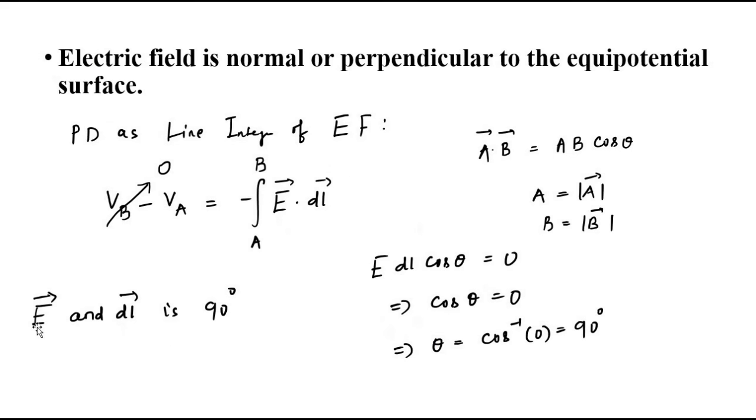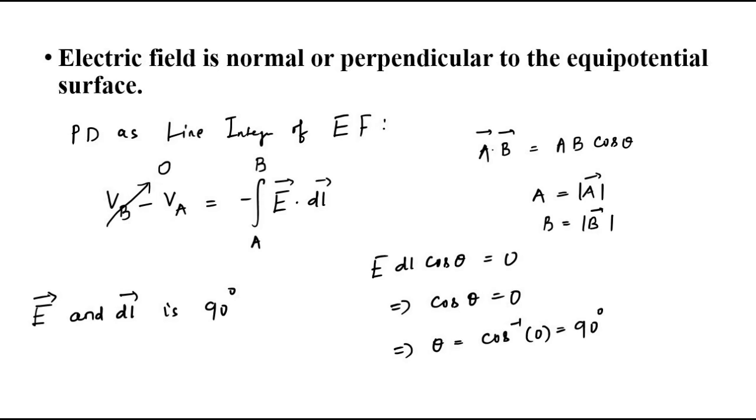Only then can the displacement vector and the electric field vector be at right angles, or 90 degrees, with respect to each other. So this is the property: electric field is normal or perpendicular to the equipotential surface.